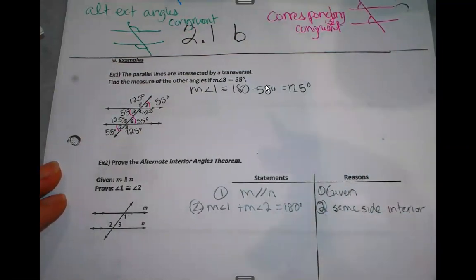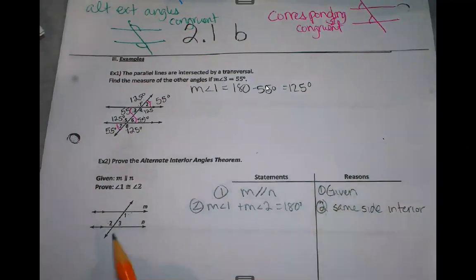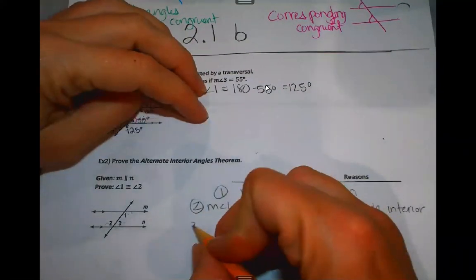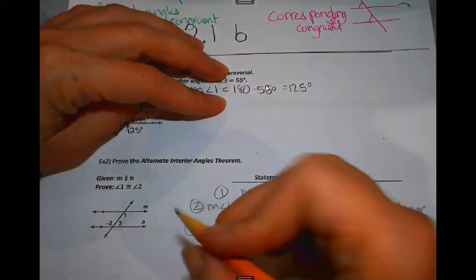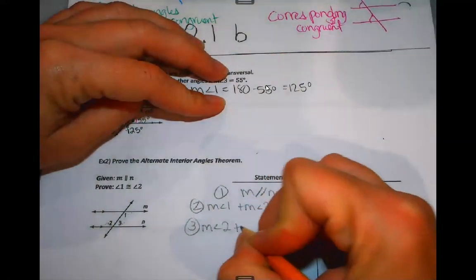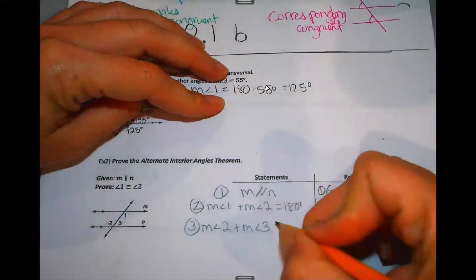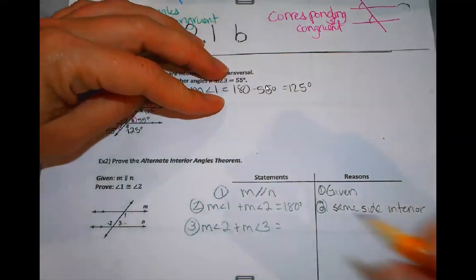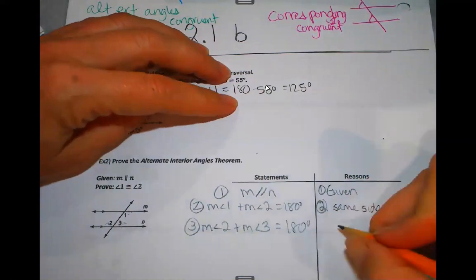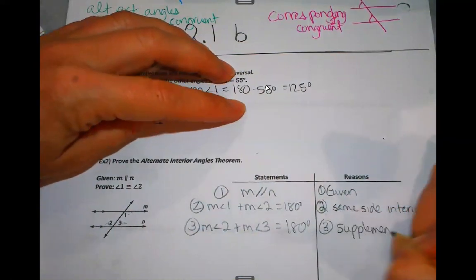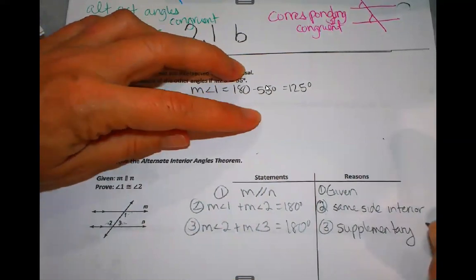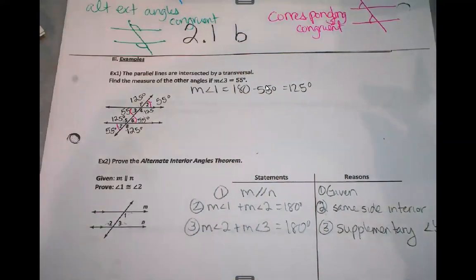Then I can say that 2 and 3 add up to what? Measure of angle 2 plus the measure of angle 3, they're supplementary angles, 180 degrees. Supplementary angles. Okay, good.